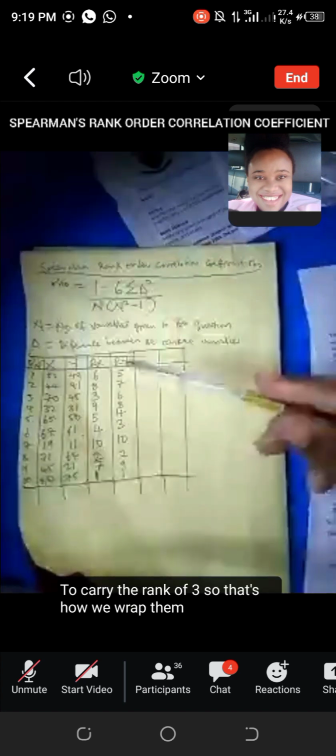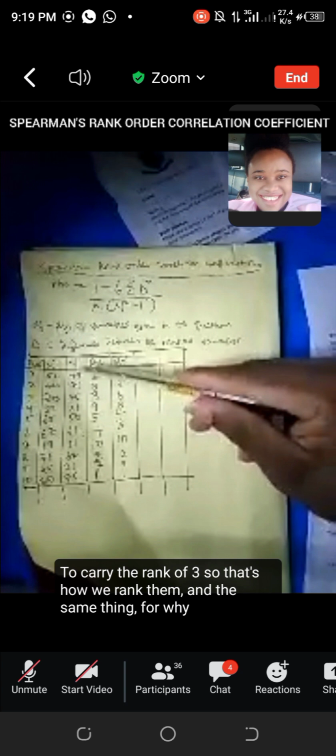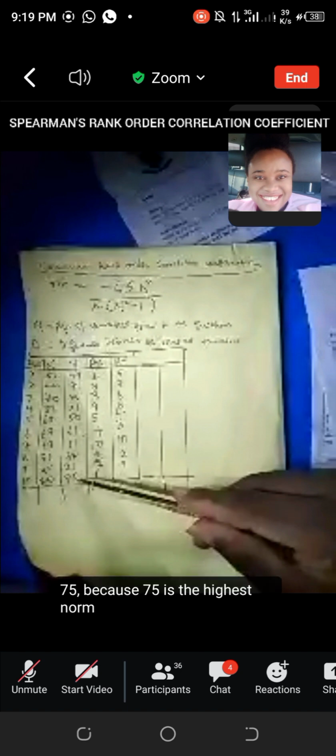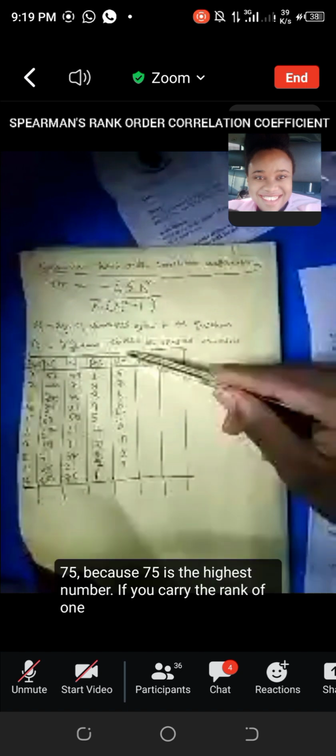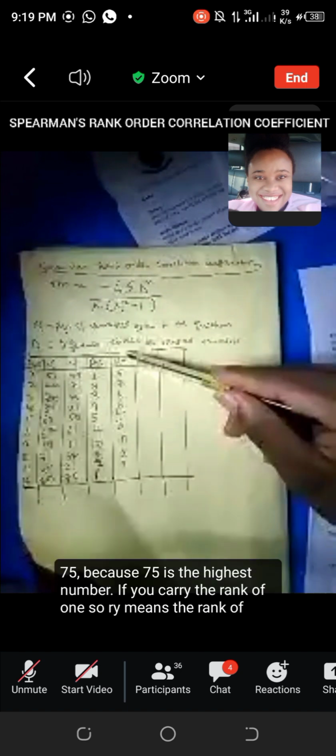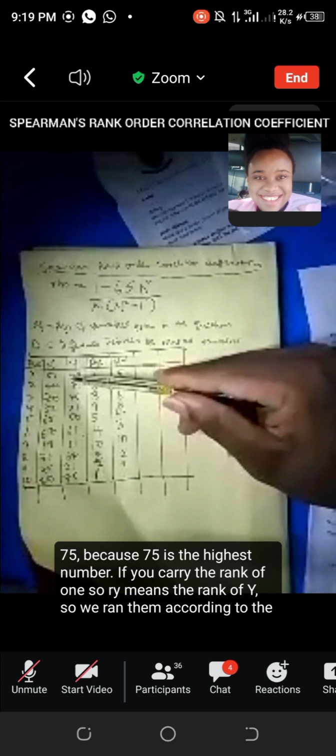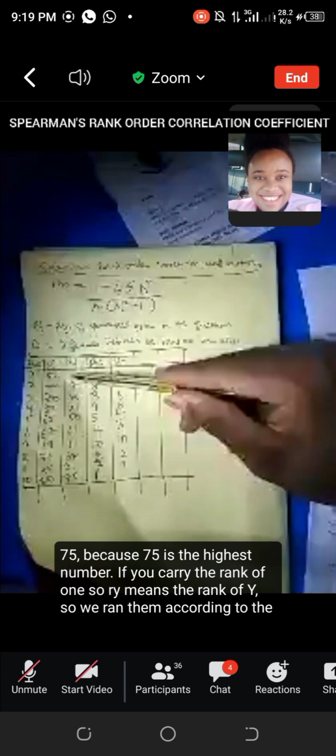And the same thing for Y. If you look at the variables in Y, the highest number is 75. Because 75 is the highest number, it will carry the rank of 1. So RY means the rank of Y. So we rank them according to the variables.